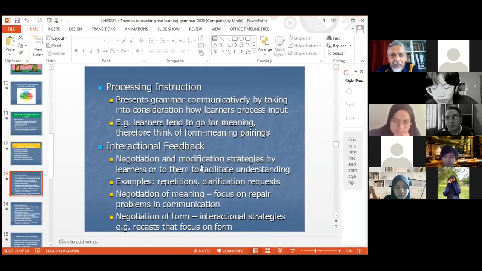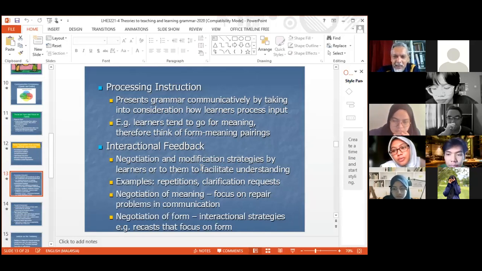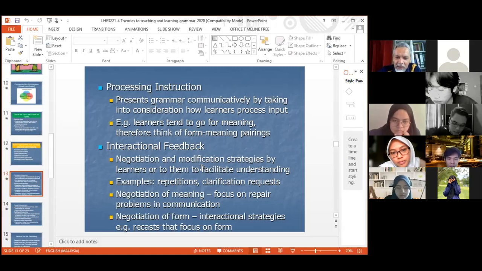If students ask a question, we try to negotiate what it means or what the answer is through questions and answers, through repetitions, also through clarifications.